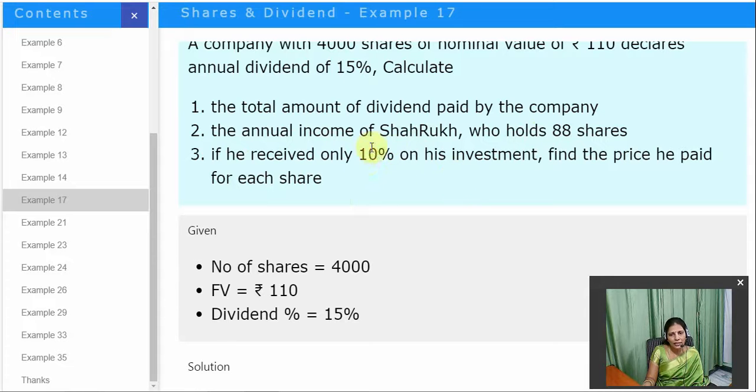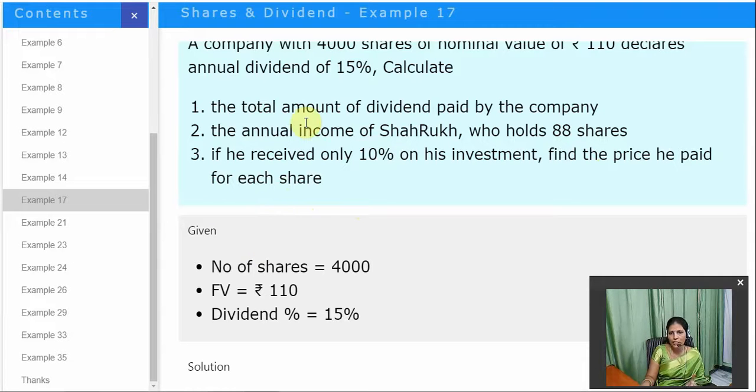So this is a return percentage, right? Paid for each share means it is nothing but market value. So you need to find the market value of one share.